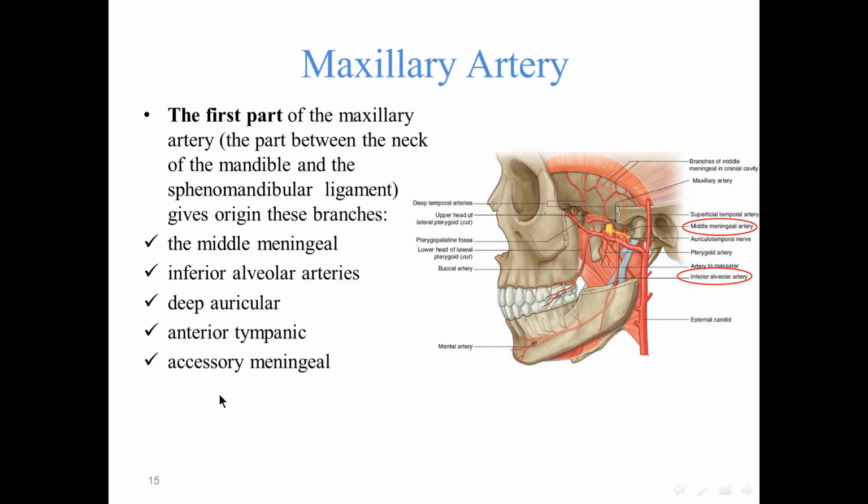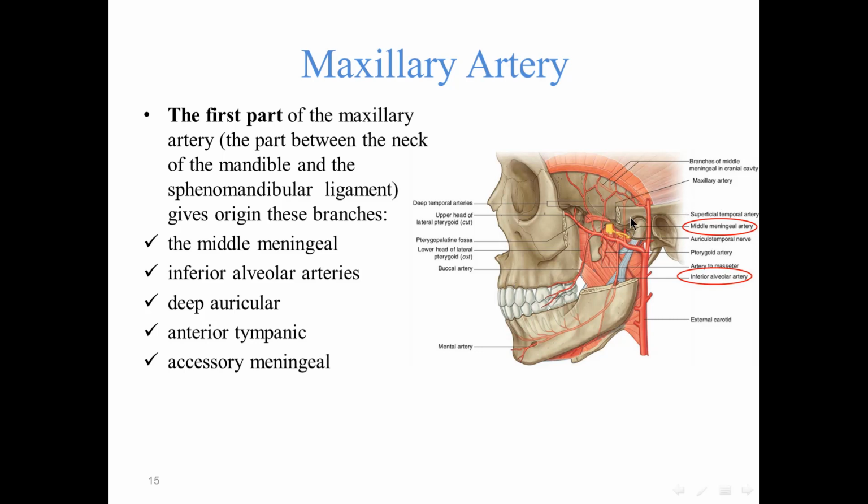These branches originate from the first part of the maxillary artery. The middle meningeal artery is the first branch that arises from the first part of the maxillary artery. It leaves the infratemporal fossa by the foramen spinosum to enter the cranial cavity.